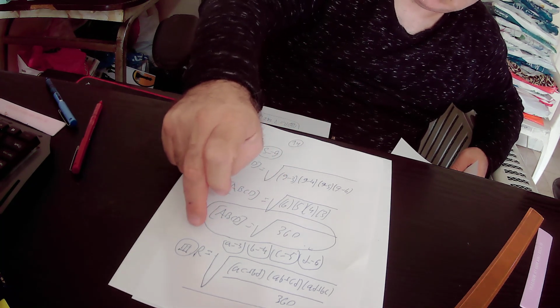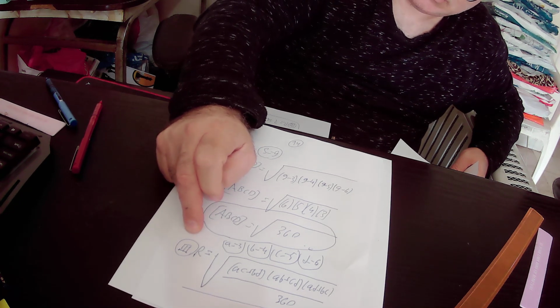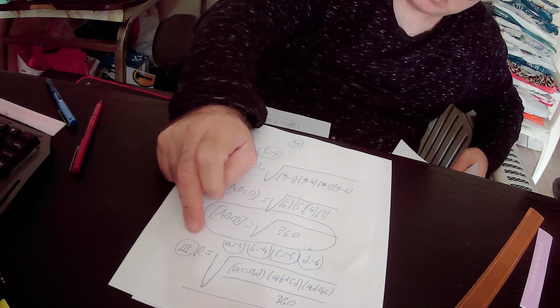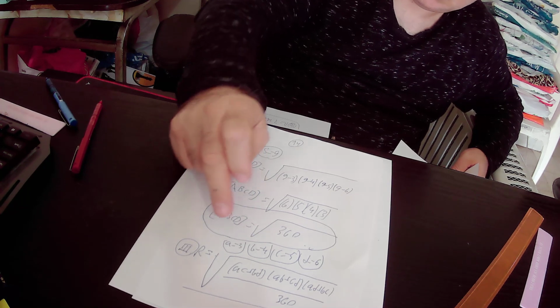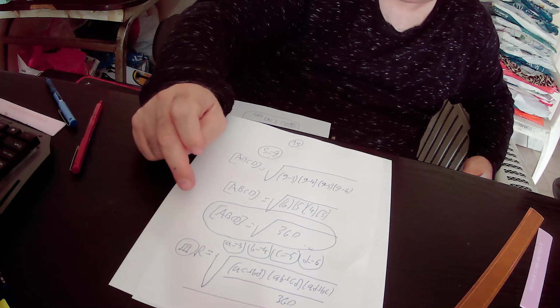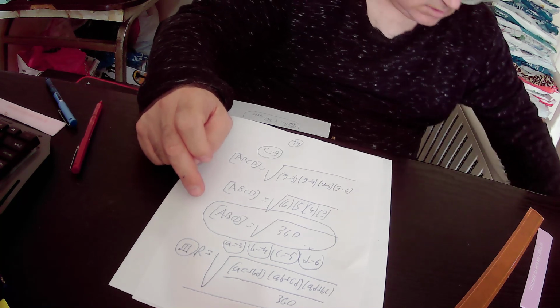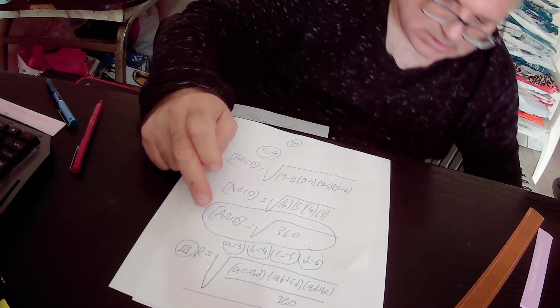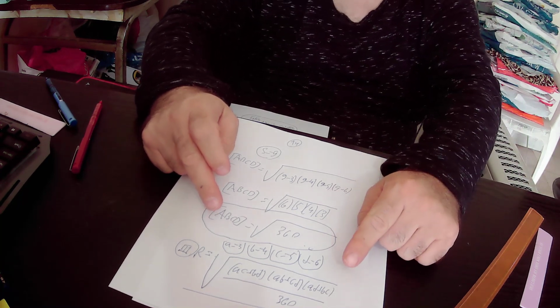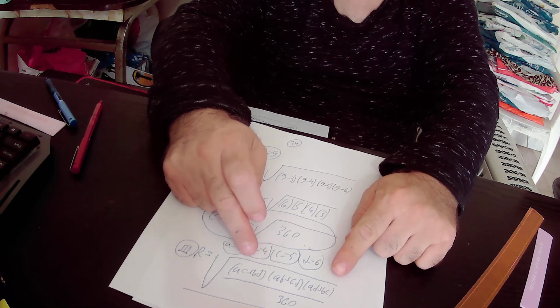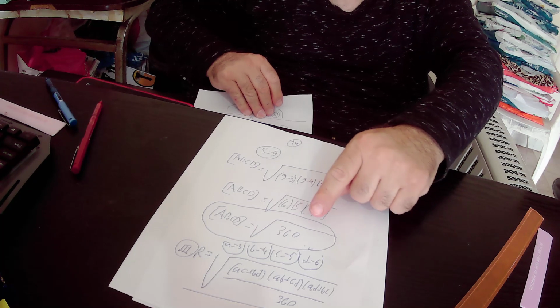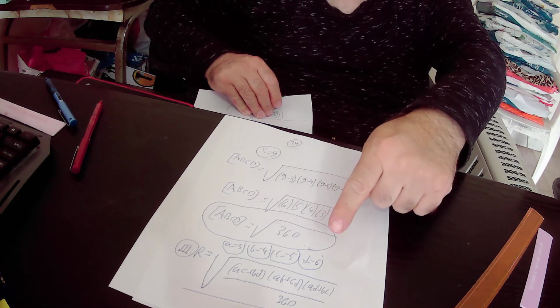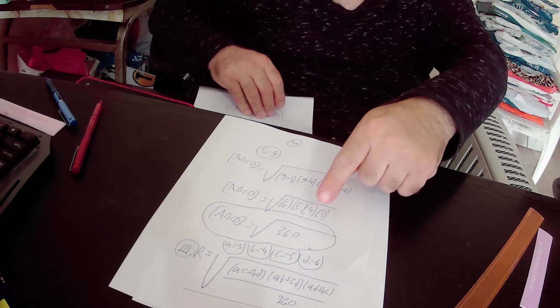Okay, so this is equation number 3 after we substituted the area of quadrilateral ABCD by the root of 360. We got this expression, and it is very simple to calculate. a equals 3, b equals 4, c equals 5, and d equals 6.